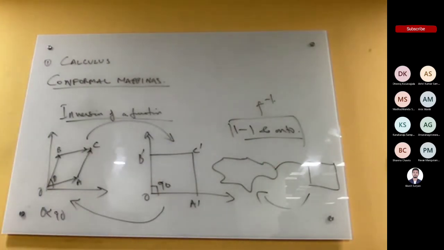Now, again, there are some proofs about this, which I will not go into. There is something called local invertibility.